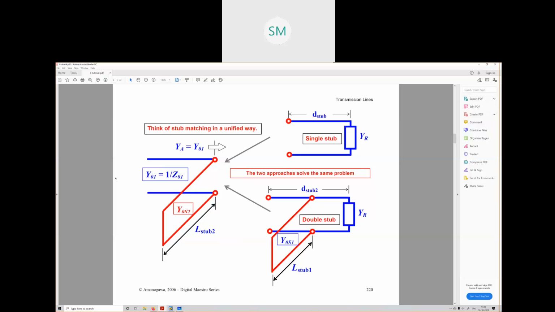Anyone who wants to explain? What does this slide say? If you can explain this slide, you have understood both single stub and double stub matching very well.